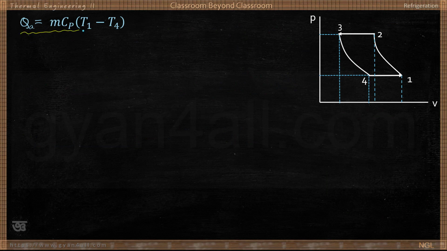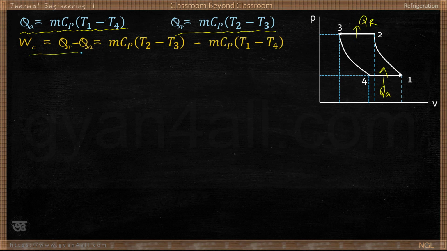QA, heat absorbed, is MCp, this much. And similarly for heat rejection, it is MCp (T2 minus T3). Okay. Heat rejected minus heat absorbed, that is MCp (T2 minus T3) minus MCp (T1 minus T4).